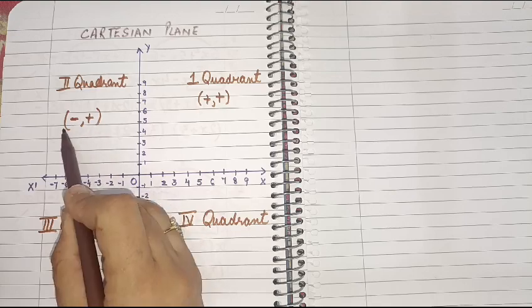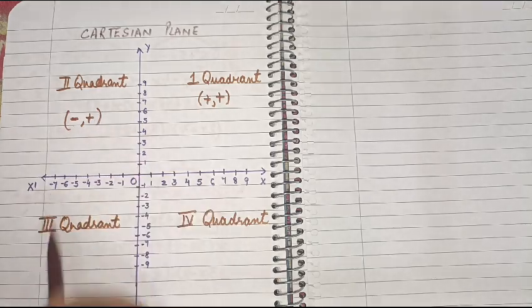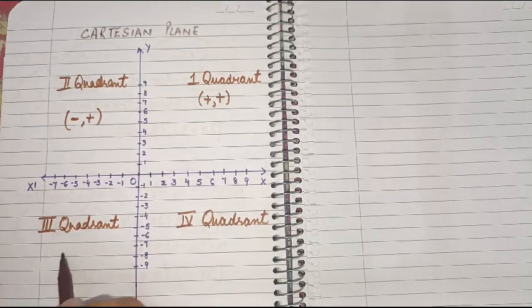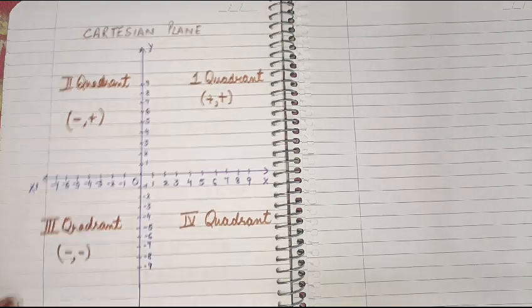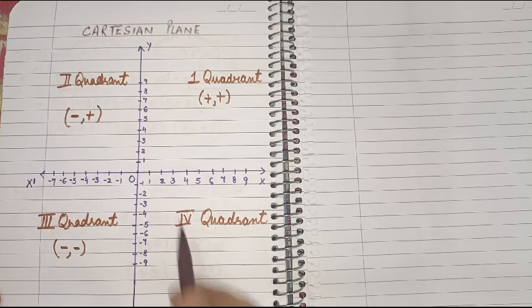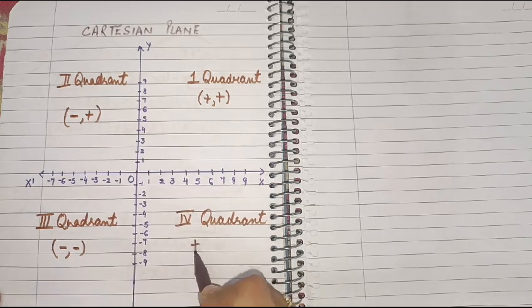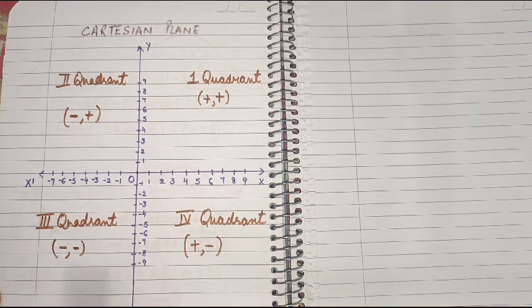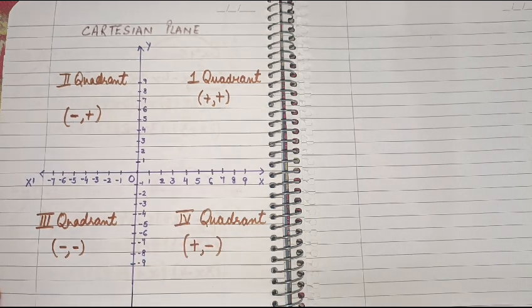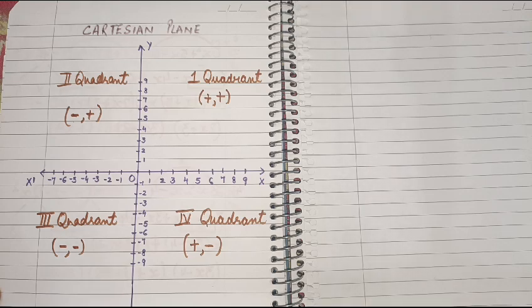So this will be a combination of minus and plus. Coming to the third quadrant, both numbers will be negative and negative. And coming to the fourth quadrant, the x-axis number will be positive and the y-axis number will be negative.